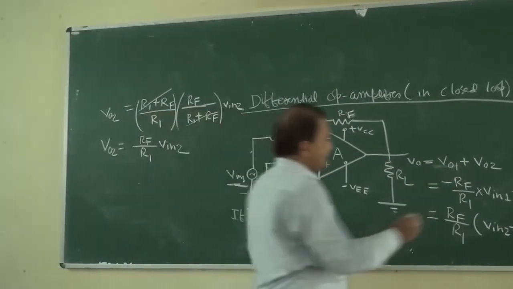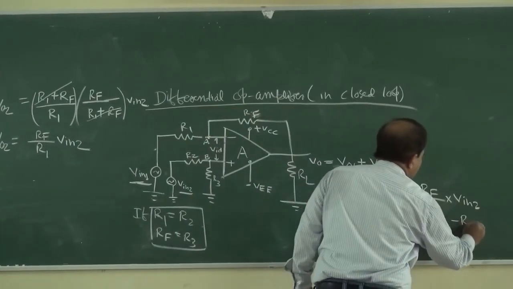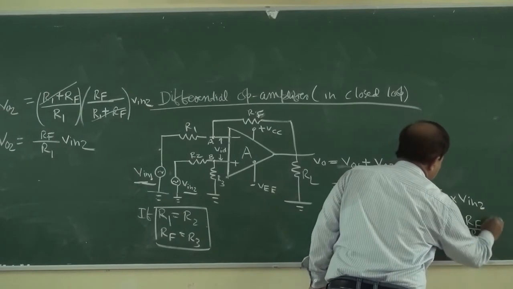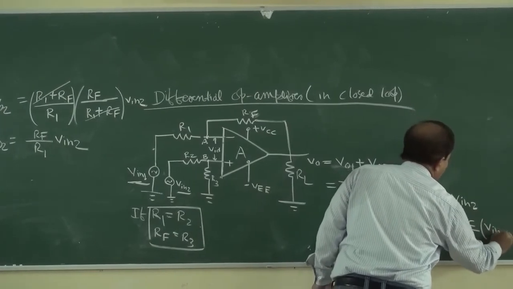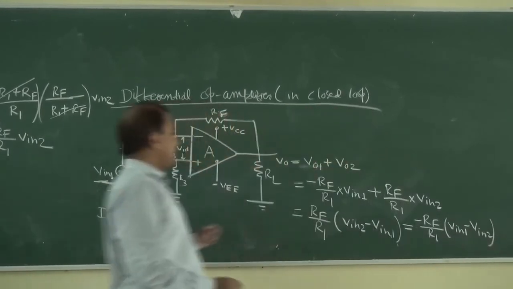Or we can write minus RF by R1 into (V in 1 minus V in 2). Okay.